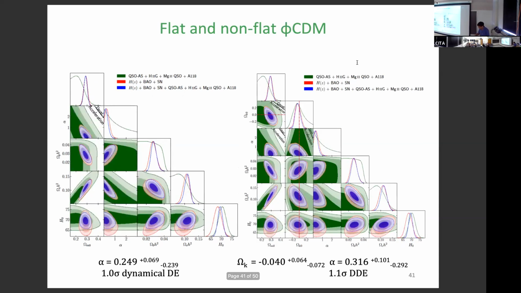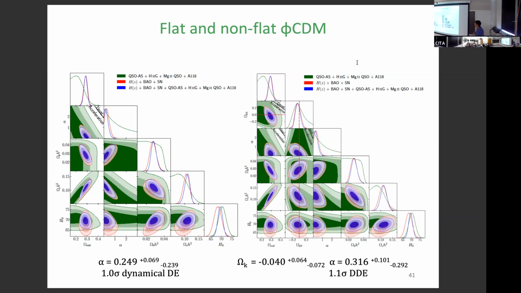If you go to the scalar field models, it's not inconsistent with dynamical dark energy. It's 1 sigma away from dynamical dark energy. But the non-flat scalar field models are consistent with flatness, and they're about 1 sigma away from a cosmological constant.